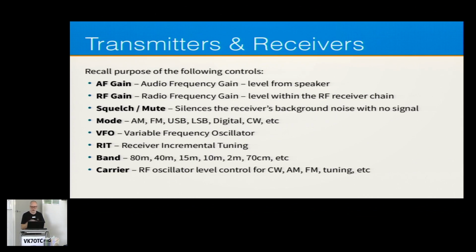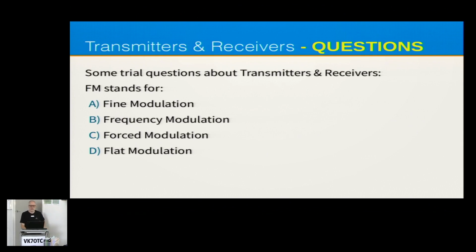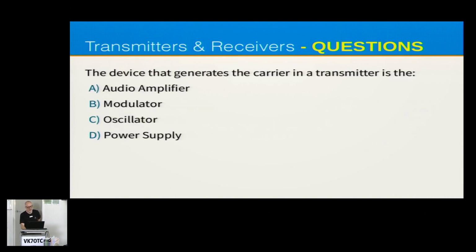Some questions. FM stands for? The device that generates the carrier in the transmitter is the... Now, this may have a block diagram with the word missing. I've seen that represented in a couple of assessments.